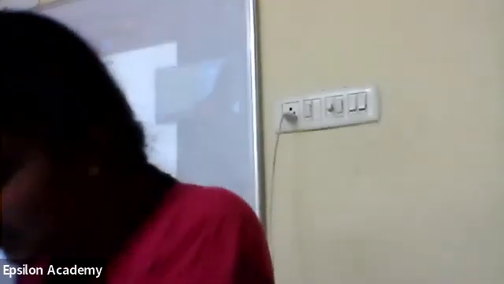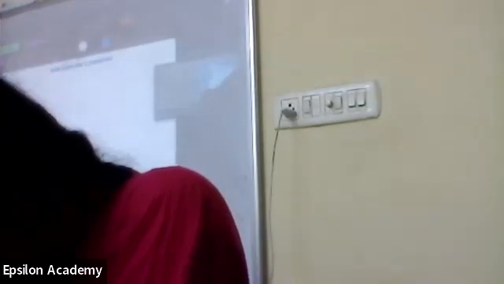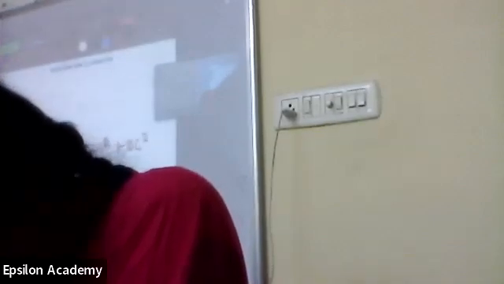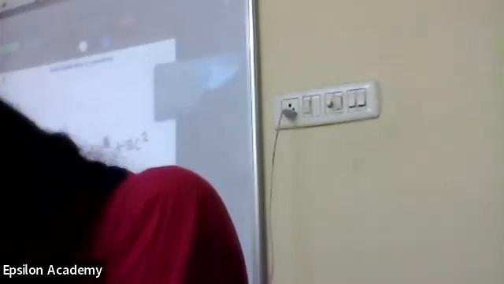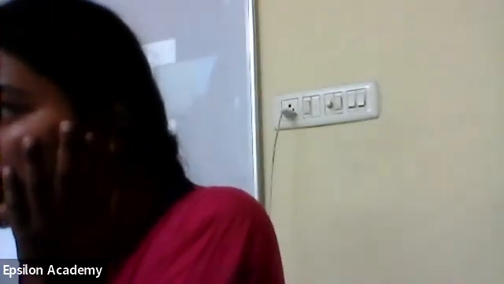Okay, clear. So now for triangle ABC, AC square is equal to AB square plus BC square. A square, this is A, right? This is A, this is also A. So AC square is equal to 2A square. AC is equal to root 2 A. Clear? You got this thing?